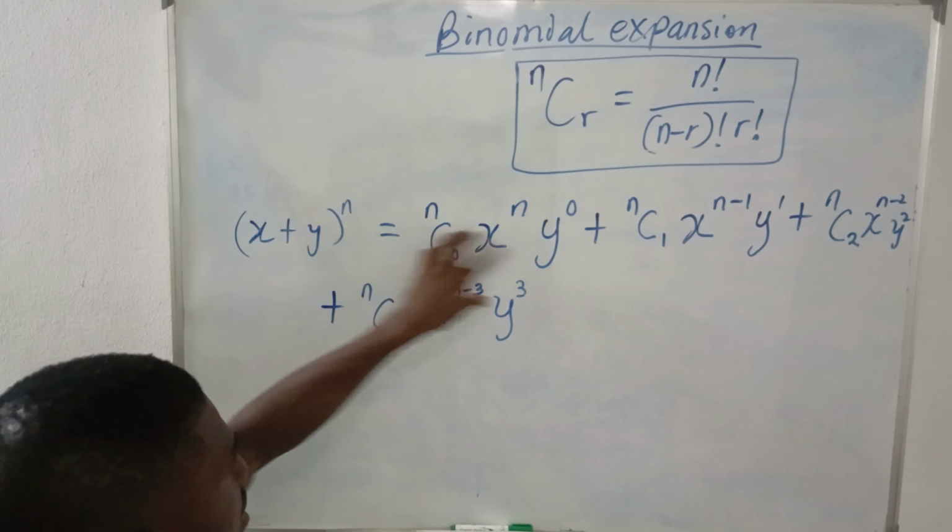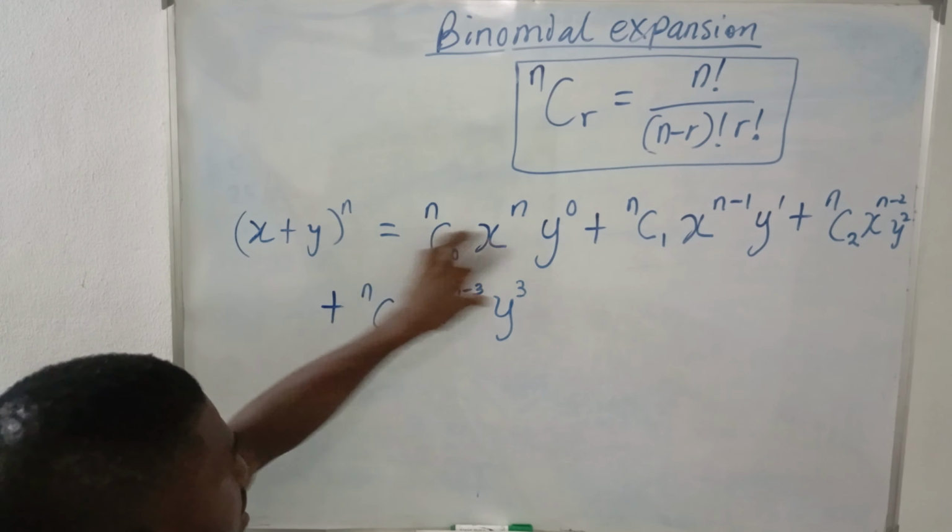So this will continue that way until r, remember, is increasing from 0, 1, 2, and the highest number there is n. So it should have increased to n, and then x will now be n minus n, and n minus n should be 0. So the power of x will now be 0, and the power of y would be n.